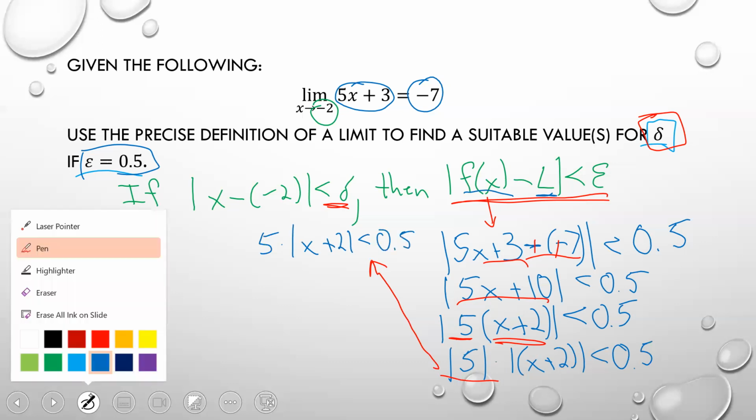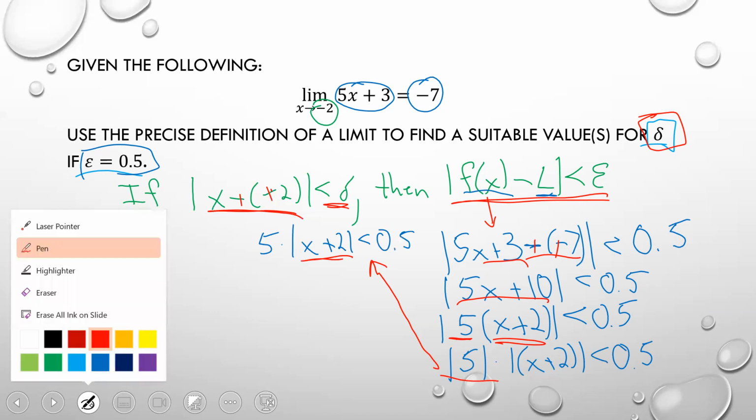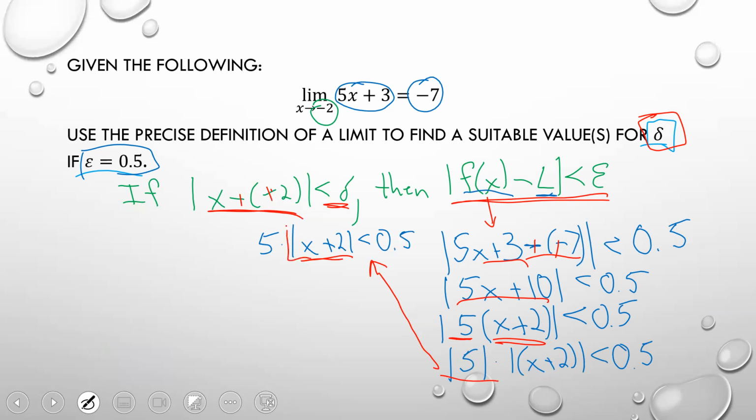And let's notice at this point that now inside the absolute value, we have something that looks real close to what's up here, right? x plus 2 and x minus negative 2 are actually the same thing, right? Because if we have x minus negative 2, we could make those minus minus a plus, and so that becomes x plus 2. So what we have in our absolute value here is actually the same as what we have in our absolute value up here.